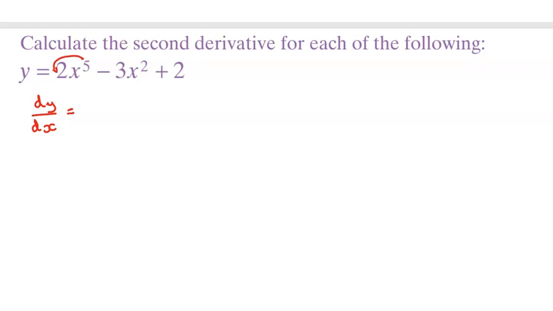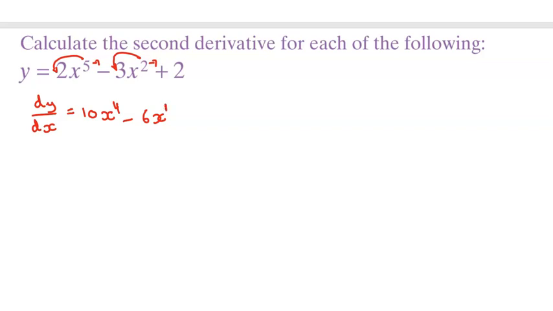It's 2 times 5, which is 10x, and then the 5, we subtract 1, which gives x to the power 4. Minus, again, the 2 comes here, so we have 3 times 2, which is 6x, and the power, we reduce by 1, 2 minus 1, so it becomes 1.